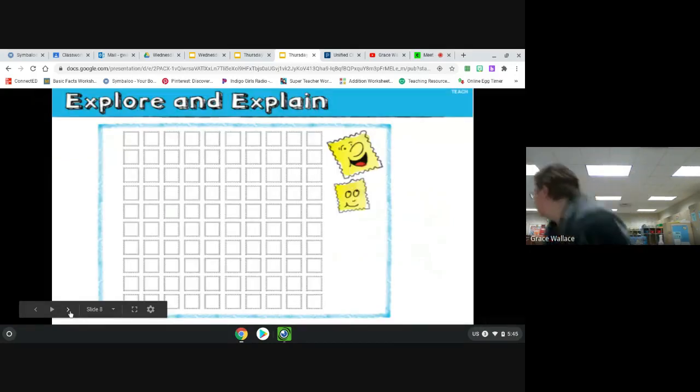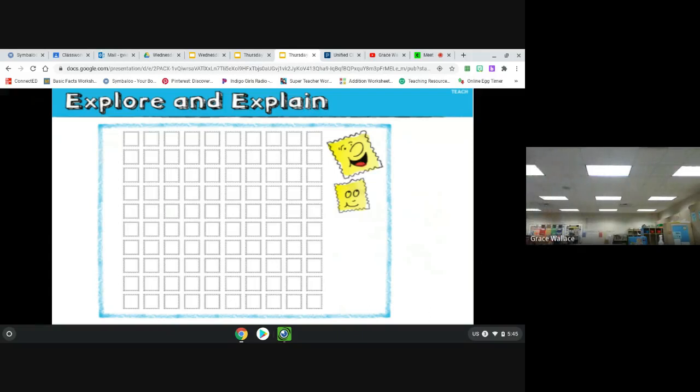Okay, now we're on page 295 of your Unit 1 workbook. It says, color each stamp yellow and count the stamps by ones. So we're going to color every single stamp on there.